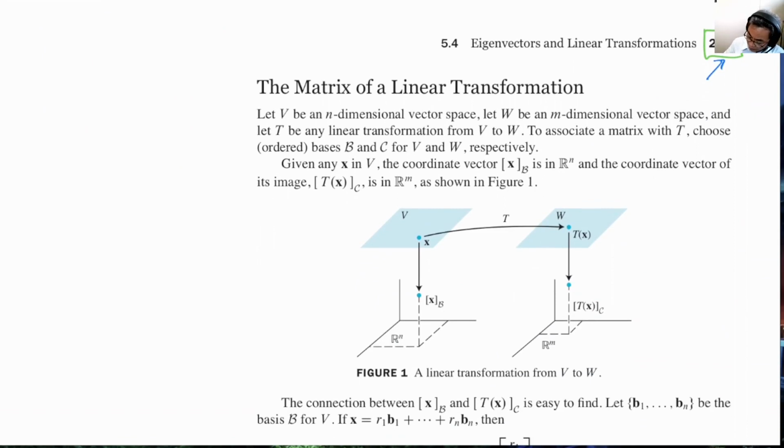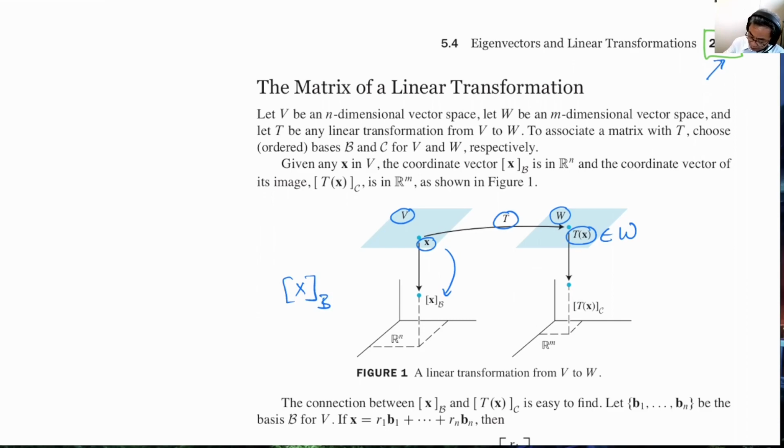Now this picture, figure 1, shows the vector space V and the vector space W. The element X from V is transformed by T, the linear transformation, to this element T of X belonging to the vector space W. We also know that X can be represented in the B basis, and this is [X]_B, the coordinate vector in the B basis.